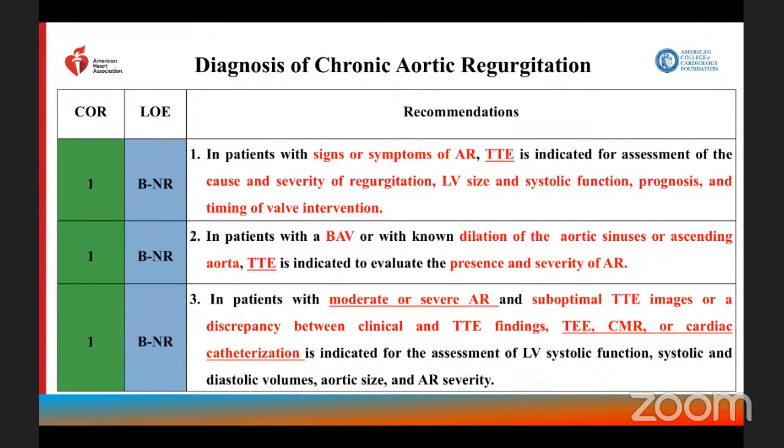In a patient with moderate or severe aortic regurgitation and suboptimal transthoracic echo images, or a discrepancy between clinical and echo findings, a further diagnostic test like transesophageal echo, CMR or cardiac catheterization is indicated for assessment of LV systolic function, systolic and diastolic volume, aortic size, and aortic regurgitation severity. This is a class 1B.